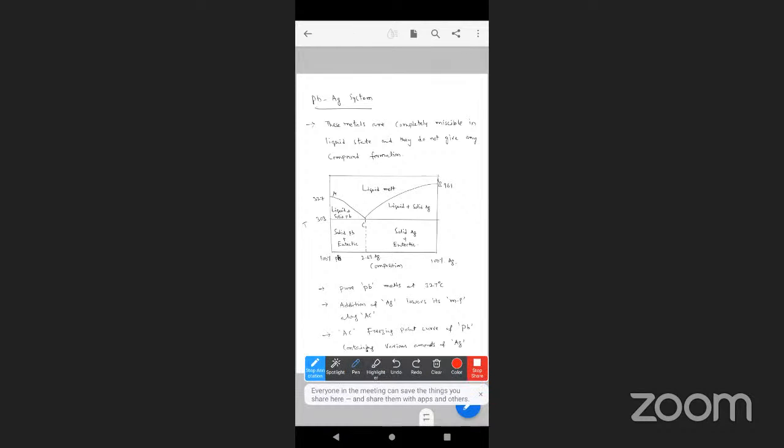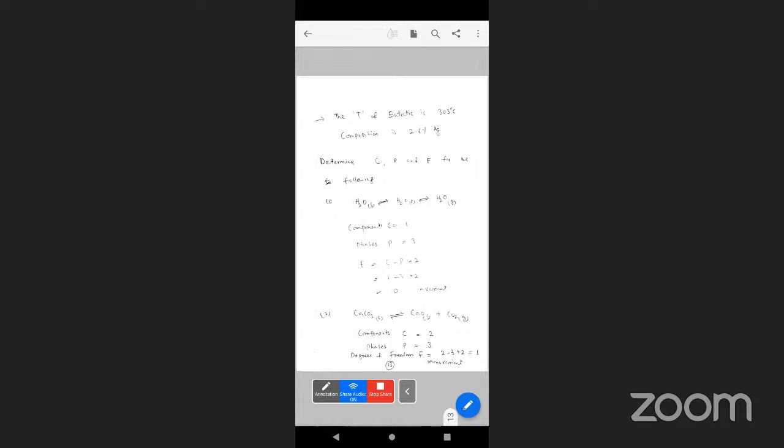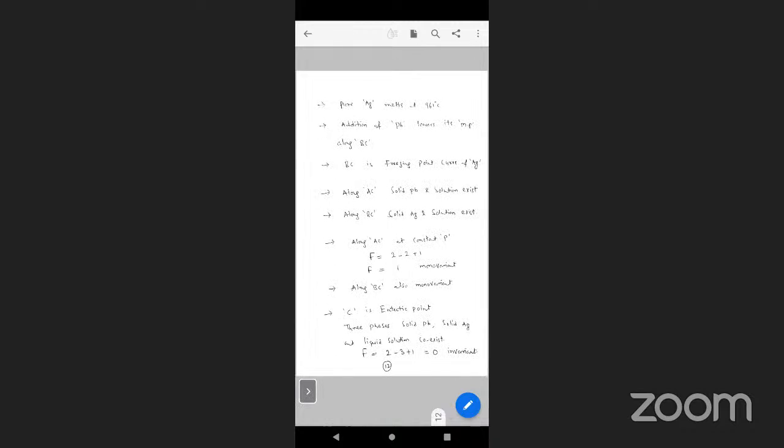So this is pure silver. On addition of lead, its melting point decreases and it reaches the lowest temperature. That is the eutectic point. And BC is the freezing point curve of silver.